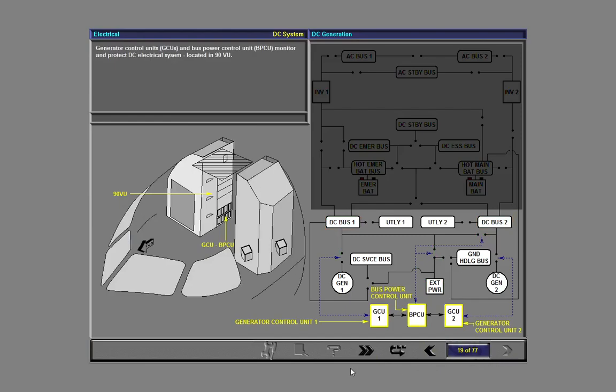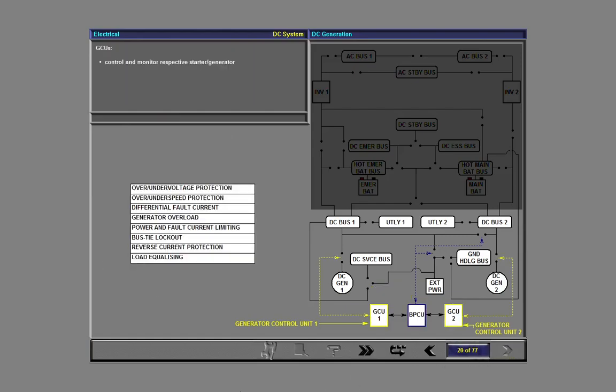The generator control units, GCUs, and the bus power control unit, BPCU, monitor and protect the DC electrical system. They are both located in the 90 VU. The GCUs control and monitor their respective DC starter generator and perform the tasks listed on the screen.